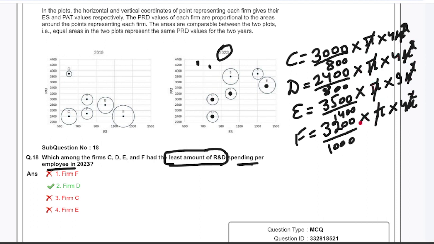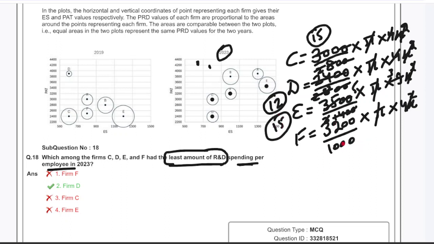Now, the least amount, from where I can get, let's understand that. For C, it is going to be 15. For D, it is going to be 12. For E, it is 7 into 5, 7 into 3, 5 into 9, 45, that 5 and 3. That means this is 5 into 3, again 15.